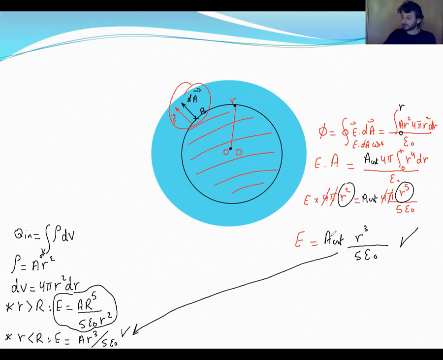If you have a metallic object, you have to say Q equals sigma A. You cannot write rho times V, only sigma A. So sigma times the area of the sphere, you can calculate it. Okay? Thank you.